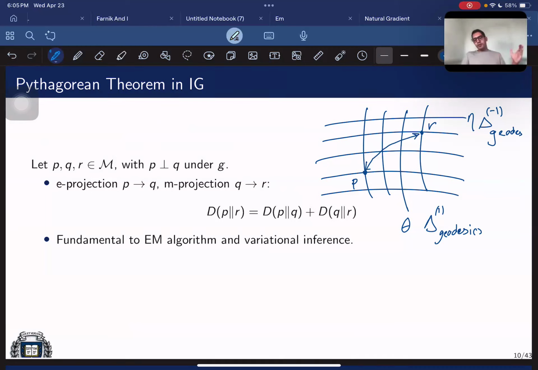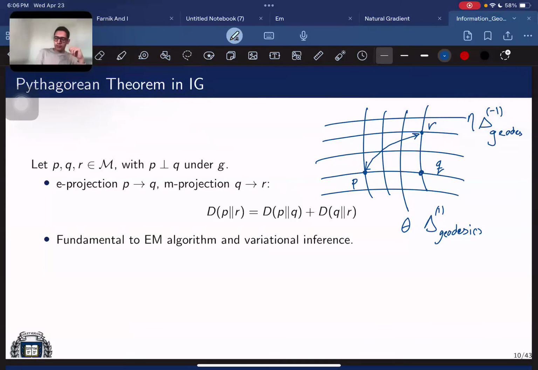you can start and walk through the M geodesic to get to the point Q. I can show it with another color, red. And then you can start and walk through the other geodesic, which is the exponential geodesic, E geodesic.